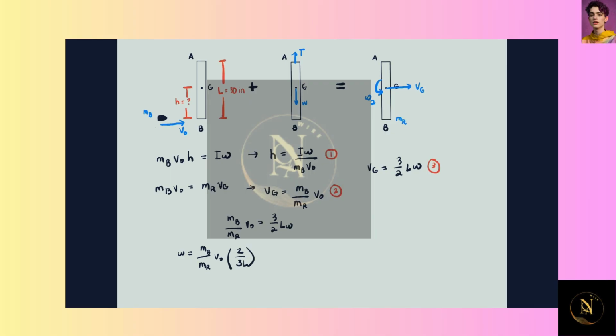Let's substitute the values that we have so that we can get the value for omega. mb is equal to 0.002484, I'll be omitting the units for convenience, over 0.4658 times V sub O, which is 1,800, and then 2 divided by 3 times the length, 30 over 12.